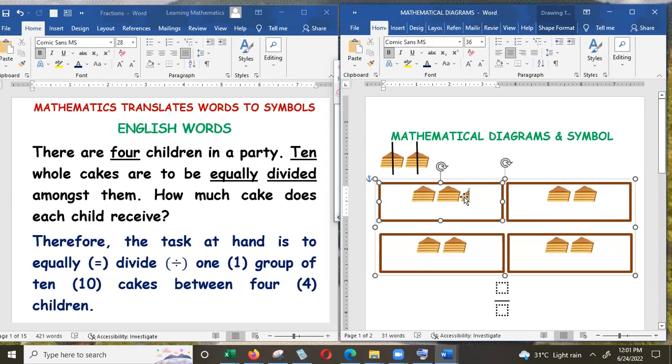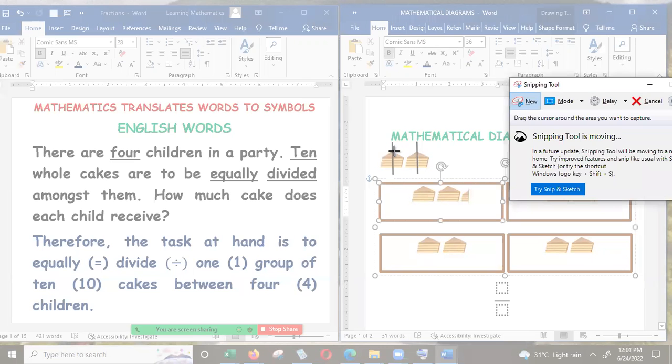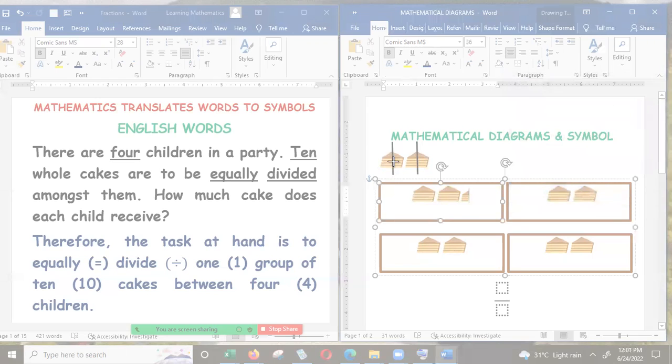This is 1 from 2 from a whole. Bear that in mind. And this child will receive this piece, which is supposed to be equal in size.